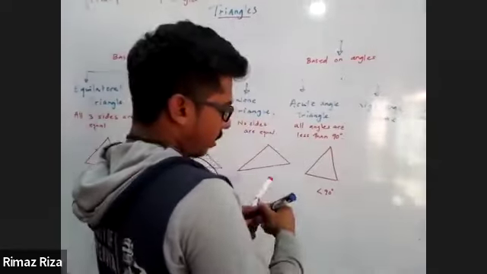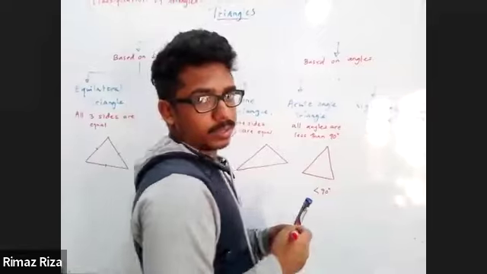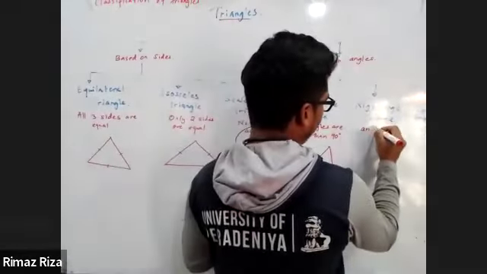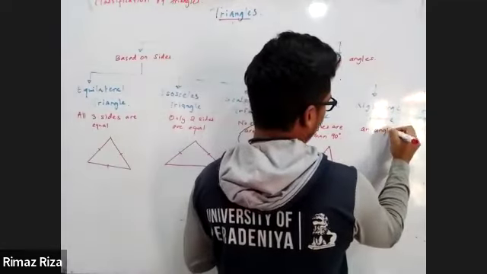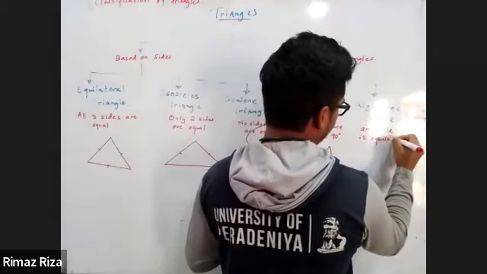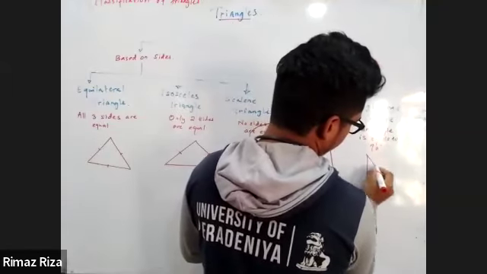Right angle triangle means one of the angles is equal to what? 90 degrees. Good. So an angle is equal to 90 degrees. So for example, we have this.